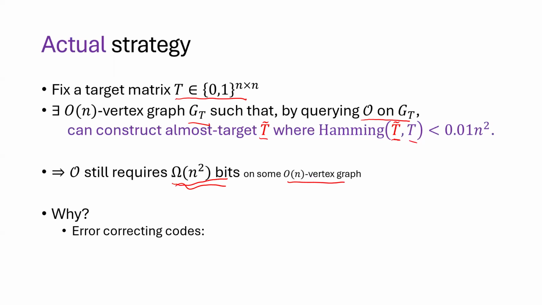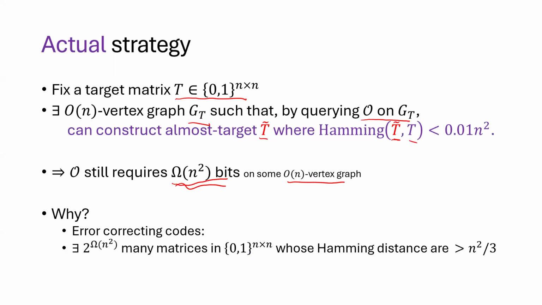Why? The short answer is error correcting code. Here's what I mean. There exist 2 to the n square Boolean matrices of this size such that every pair of matrices in this collection are pairwise far away from each other. How far? Pairwise far away by, let's say, almost half of the entries. So suppose that I have a target matrix T in this collection, and everything else is far away.